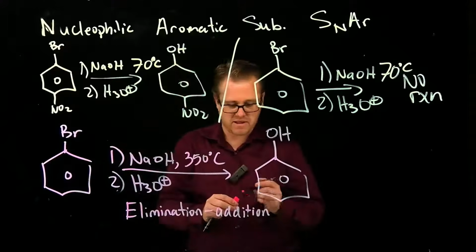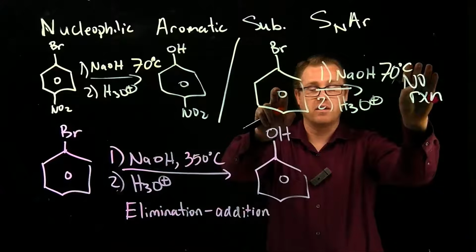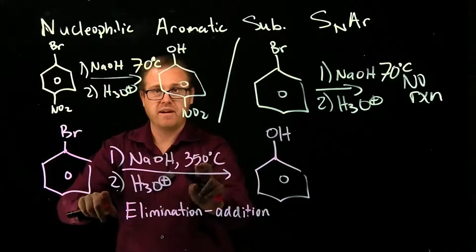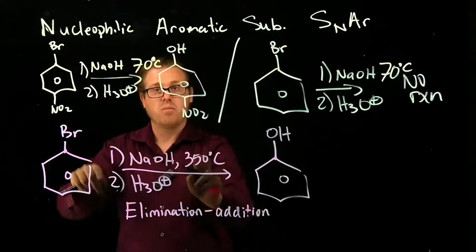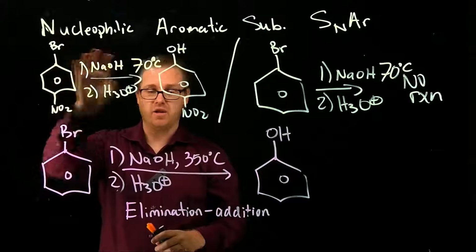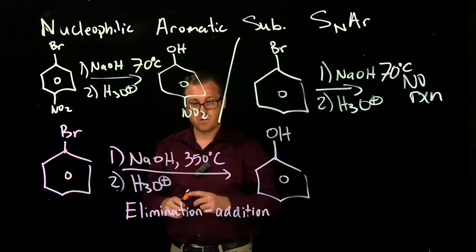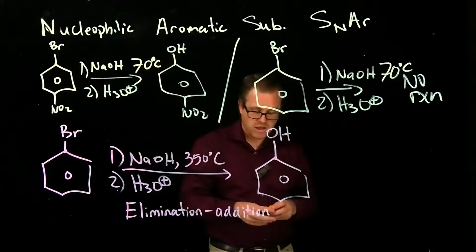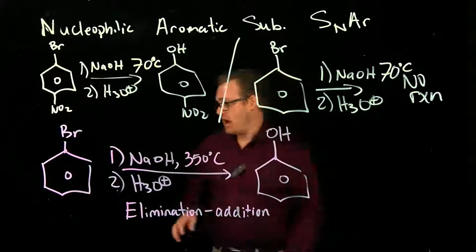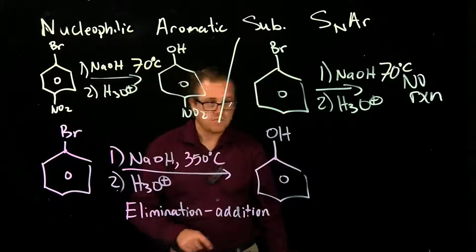So it's kind of interesting that this reaction right here at 70 degrees does not work. But if we crank it up to 350 degrees, it does work. But it proceeds via a different mechanism than this one right here. So that's really cool. This is going to be kind of crazy on how this mechanism works, okay? And so we'll talk about some other examples and go into the mechanism here.